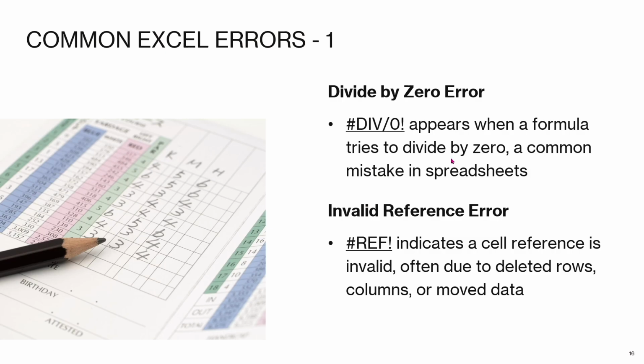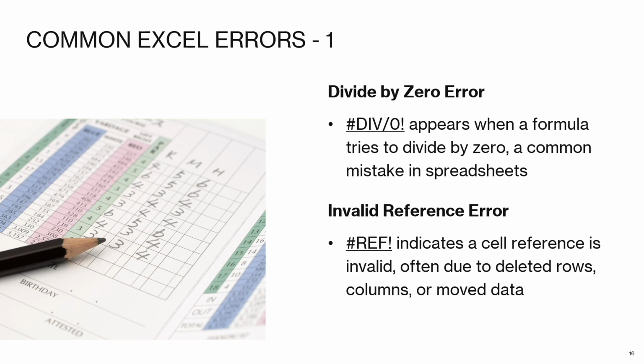All right, one of the errors you might see is what they call a divide by zero error. This is what that error would look like. You'll see it has that pound sign, the letters DIV, a forward slash, a zero, and an exclamation point. It's the way most of the errors are formatted in Excel.